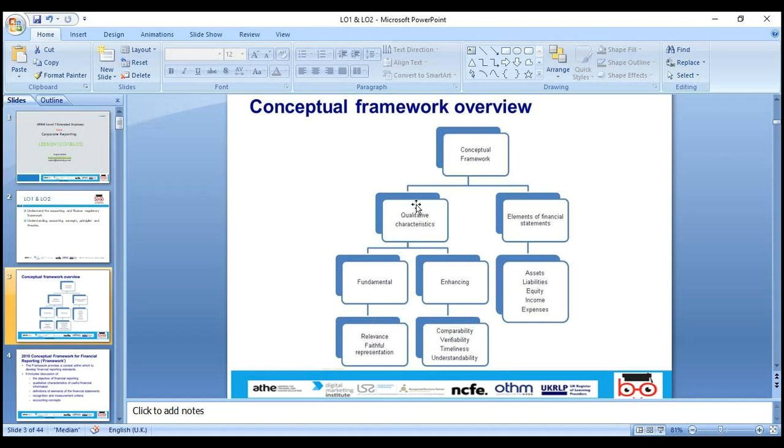Those are the fundamentals of financial statements. Enhancing characteristics which we need to follow are comparability, verifiability, timeliness, meaning financial statements should be produced within a time frame, and understandability. The financial statements need to be understandable.